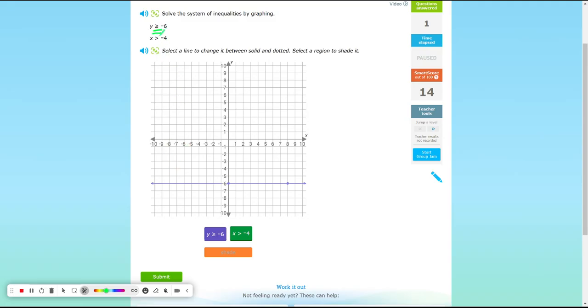So this one had to be solid. Now the second one, x bigger than -4. I go to the x-axis, I find -4. It had to be vertical.